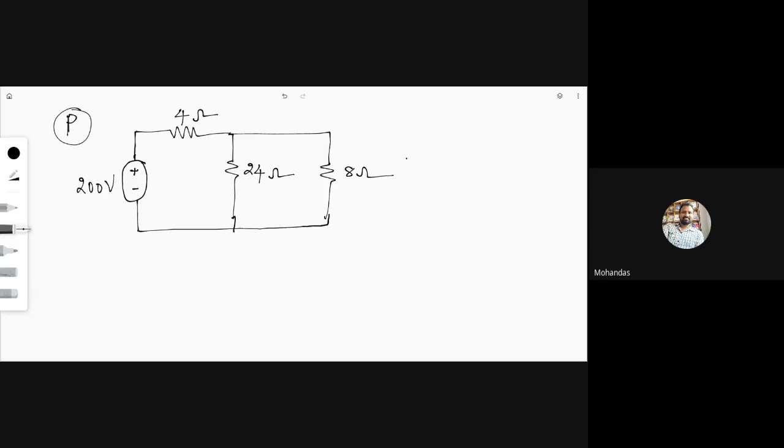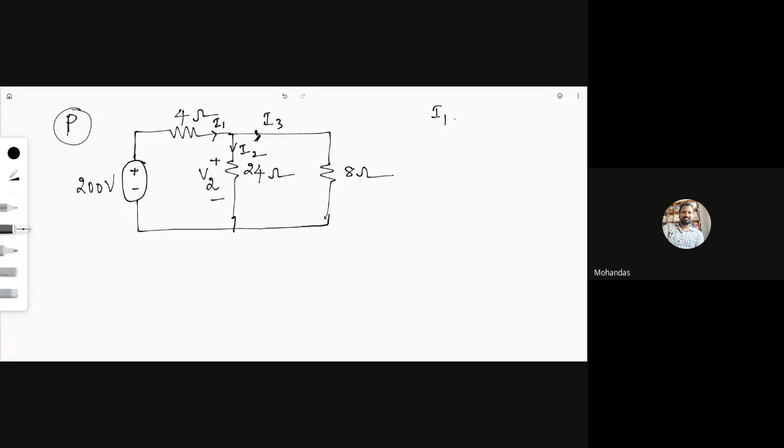Calculate the branch currents. They won't give I1, I2, I3; we have to assign the currents. This is your wish: I1, I2, I3, and V2.